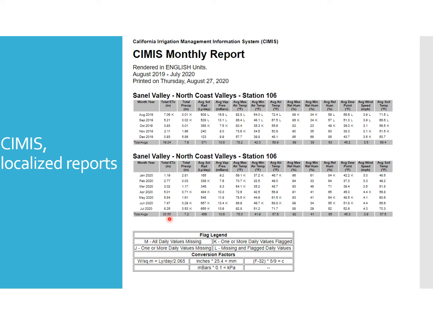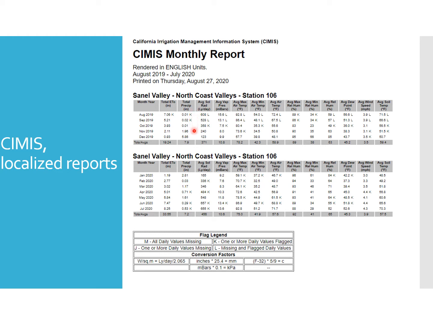One other thing that you may want to pay attention to here is how much total precipitation. Total precipitation is how much it rained during that period of time. In this particular case, this is summertime, so you're going to see very little right here.